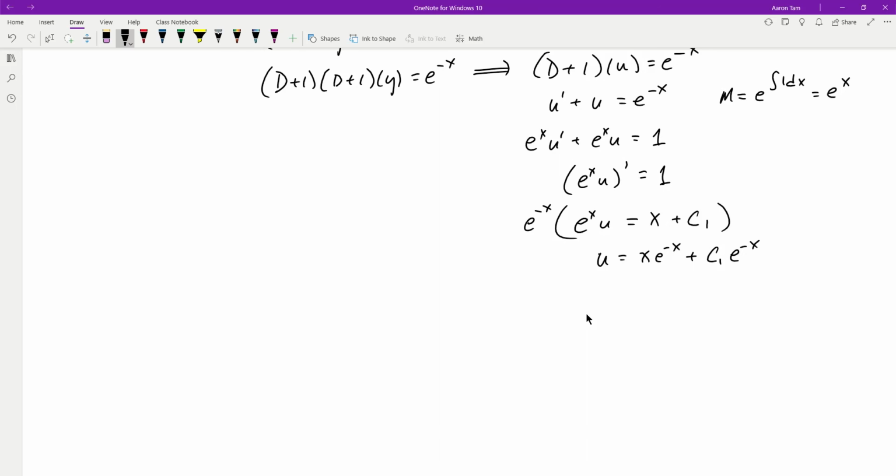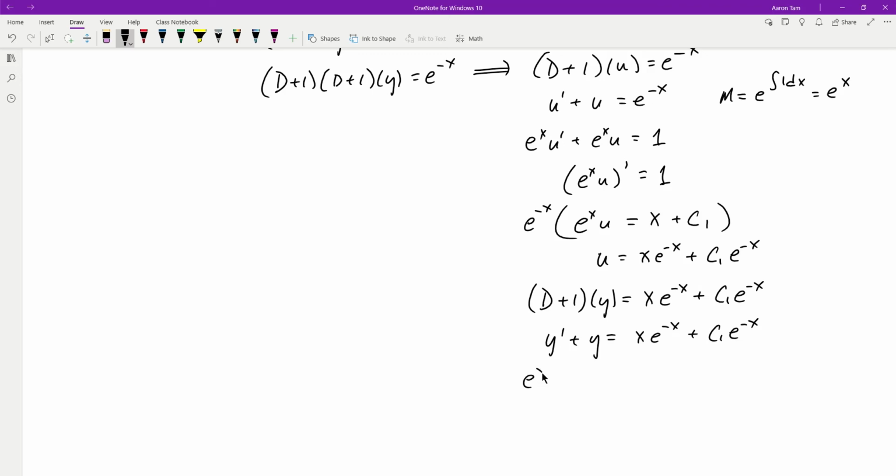And now I'm ready to do my second integration. So now that means (D plus 1) of y would equal u, which is x e to the negative x plus c1 e to the negative x. So once again that becomes y prime plus y equal to x e to the negative x plus c1 e to the negative x. The exponential multiplier is exactly the same, e to the x.